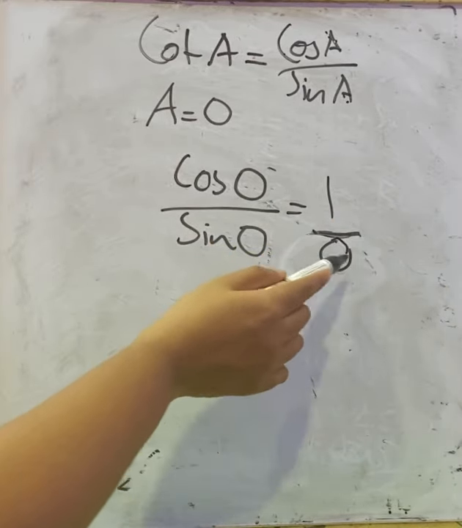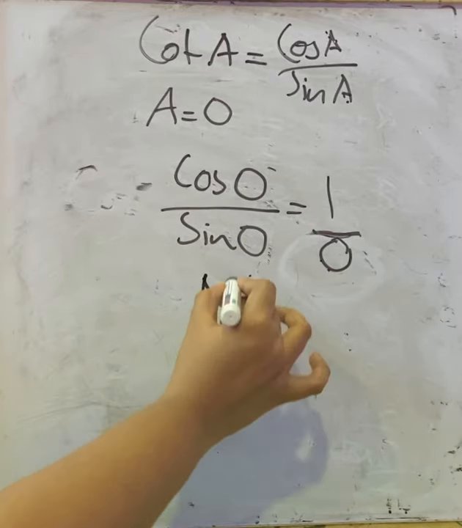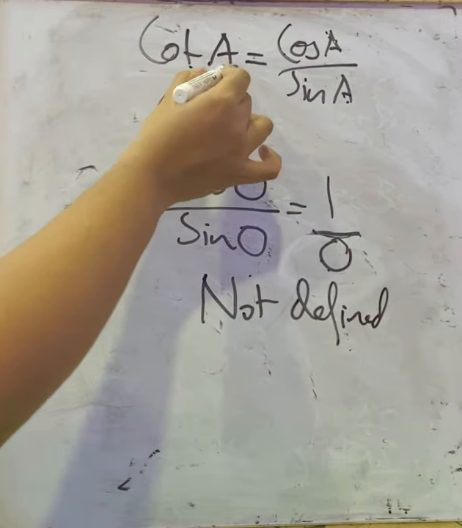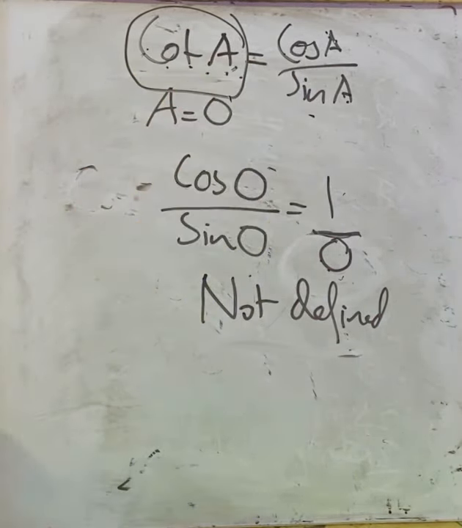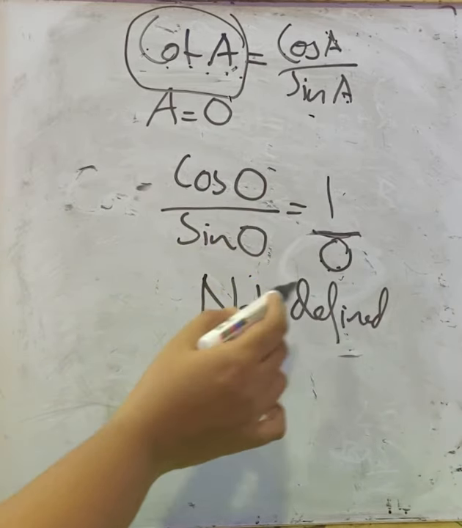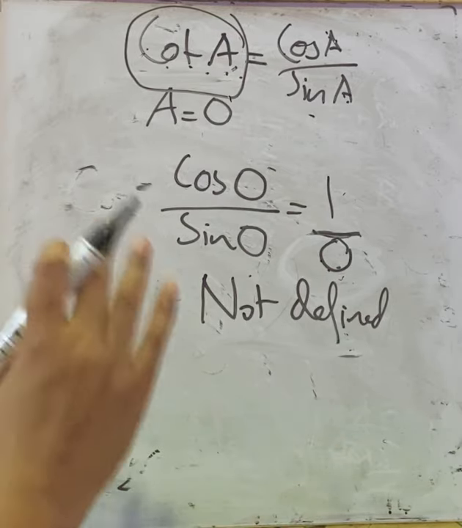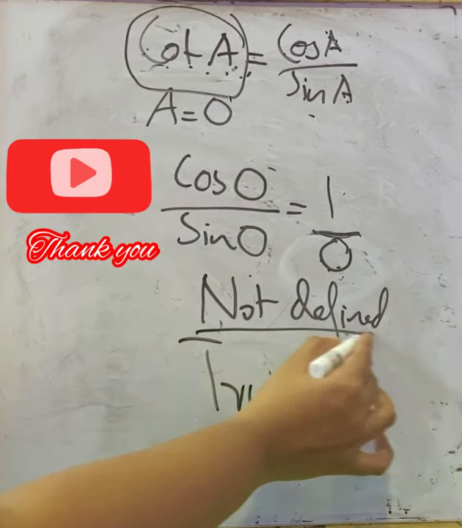Now we got the denominator as 0 and we know division by 0 is not defined. So you can say it is not defined for A equal to 0 in the case of cot. Cot 0 is actually cos 0 by sine 0, and it is 1 by 0, and it is not defined. So the statement given was cot A is not defined for A equal to 0. Yes, the statement is true.